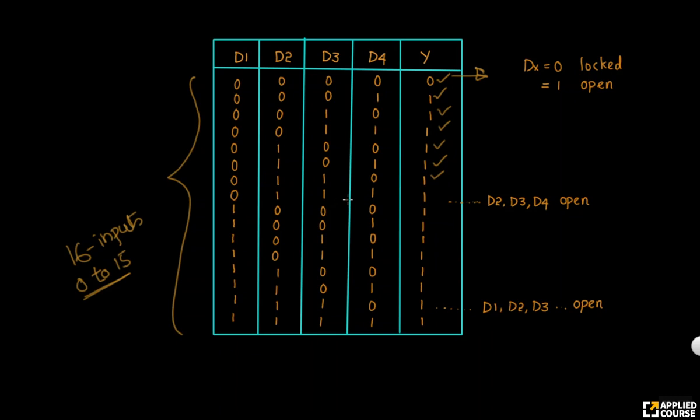And 0111 means D2, D3, D4 are open, hence alert is to be given.